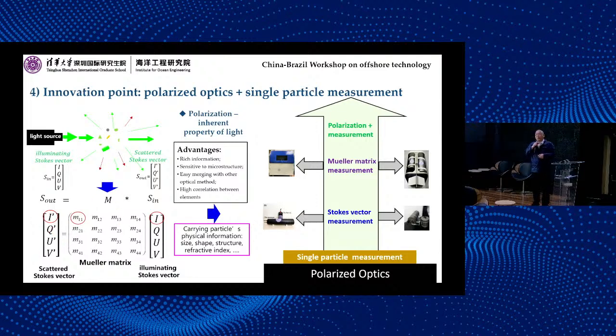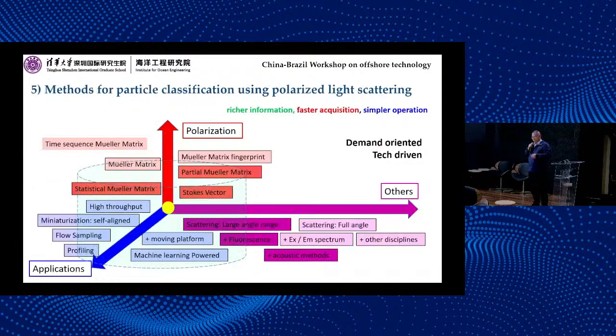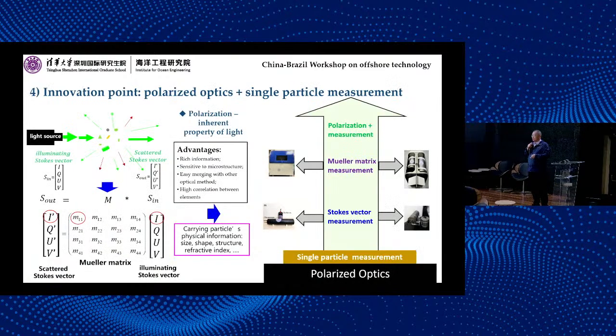So we measure the output of light, or we measure the Mueller matrix, and then we can get the information of the particle. This is all the physics of the optical polarization technique.